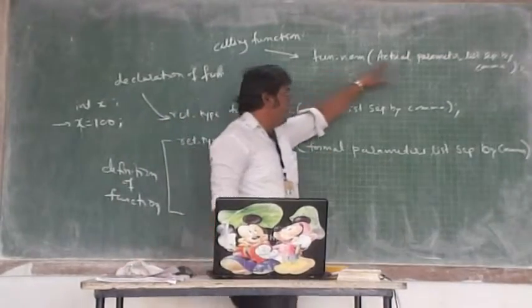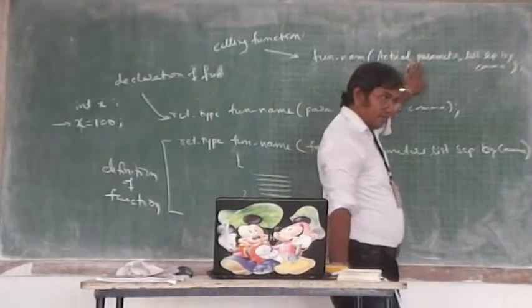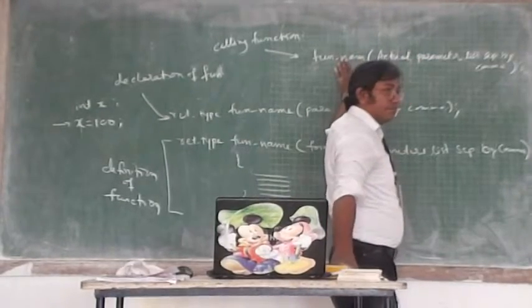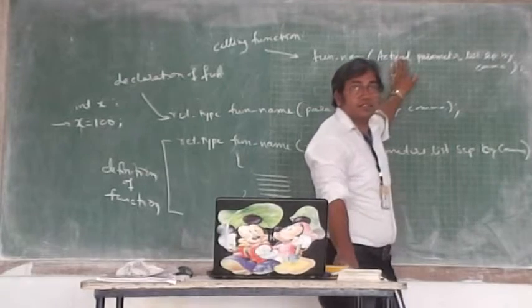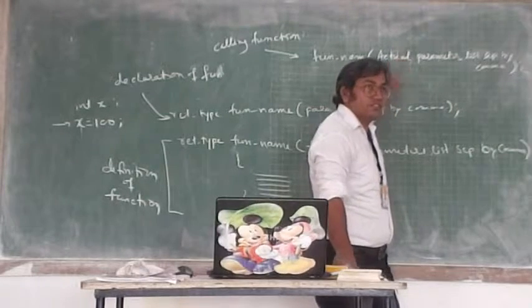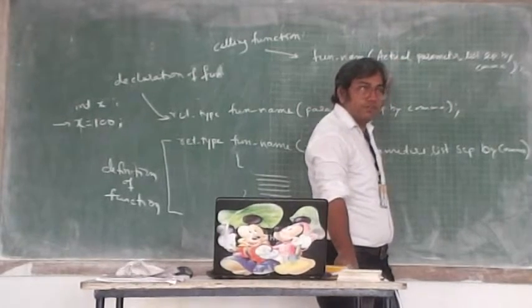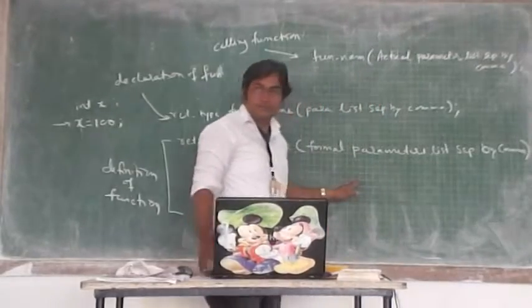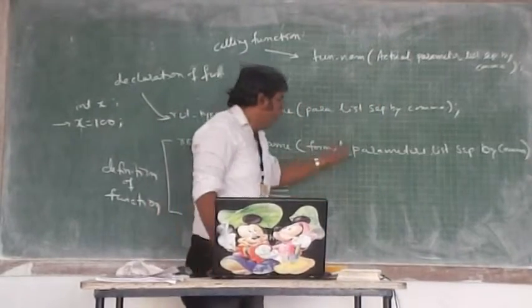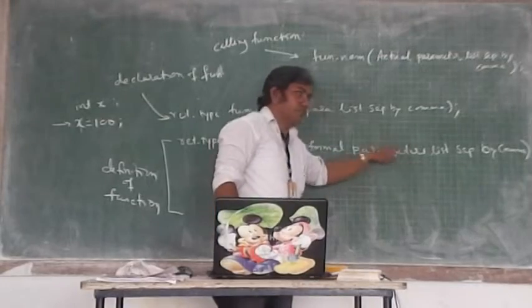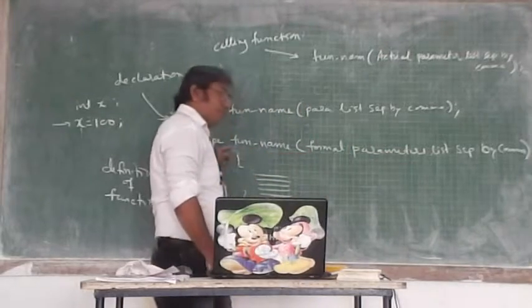And the parameters which you pass to the calling function are called actual parameters. Do you differentiate this function and this function?